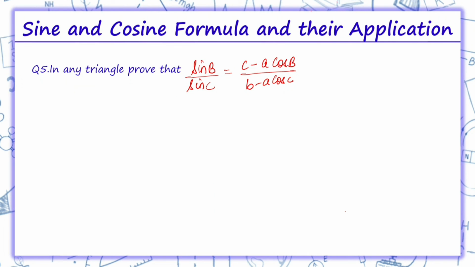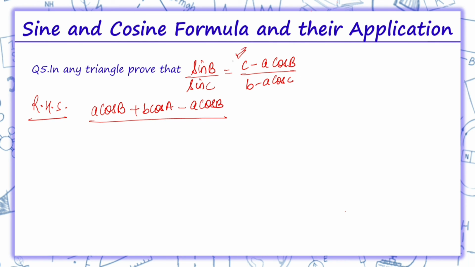The question is, in any triangle ABC, we have to prove sin B upon sin C is equal to C minus A cos B upon B minus A cos C. Now as we studied projection formulas, we'll solve the RHS part. In the projection formula, C is written as A cos B plus B cos A, minus A cos B. We have substituted the value of C over here.